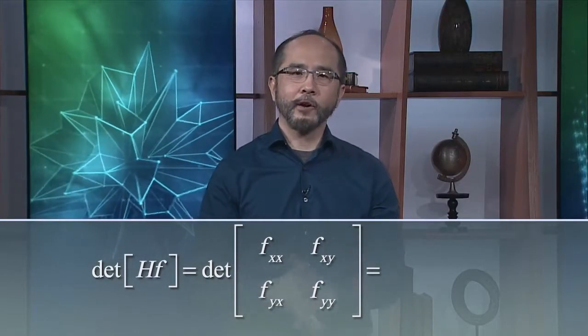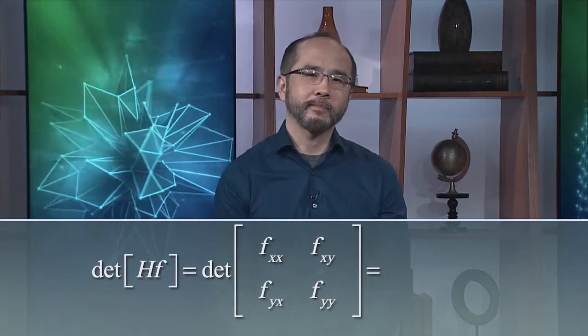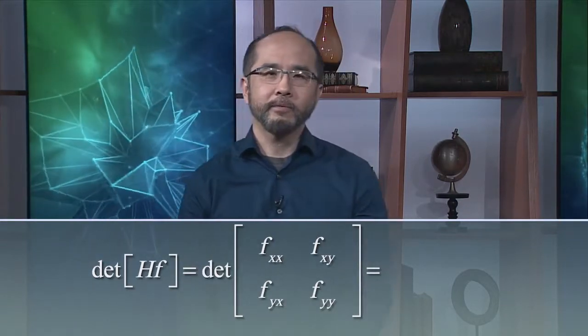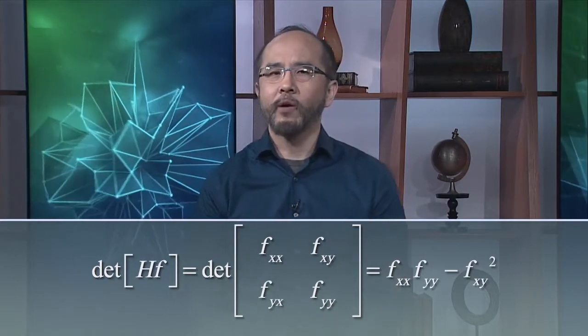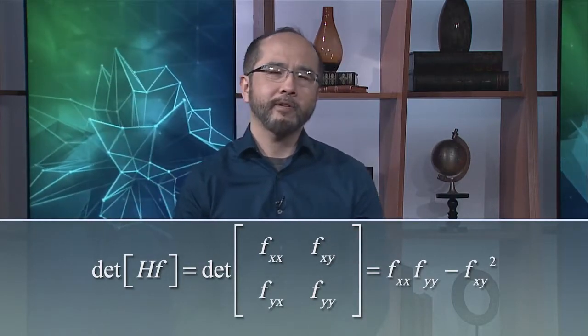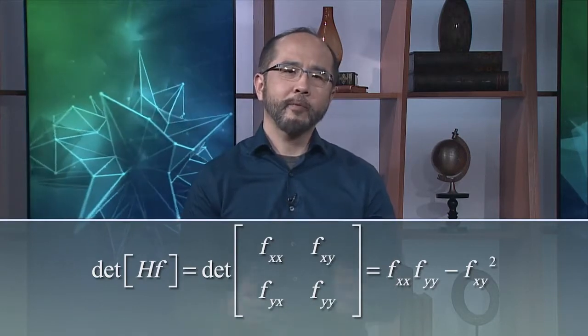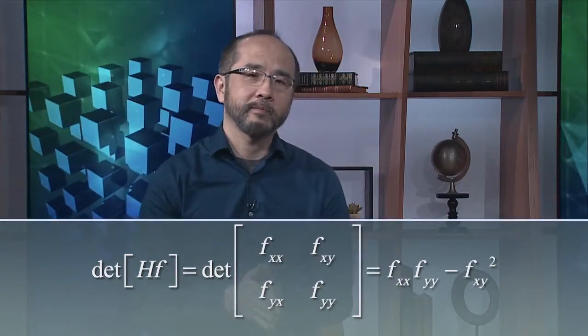And so what is the determinant of the 2 by 2 Hessian? Well, if you think about it, it's just f sub xx times f sub yy minus f sub xy squared. You may recognize this quantity if you've learned about the second derivative test for multivariable functions. It's called the discriminant, and it's the usual quantity to check. But most people don't tell you it's just the determinant of a 2 by 2 Hessian.